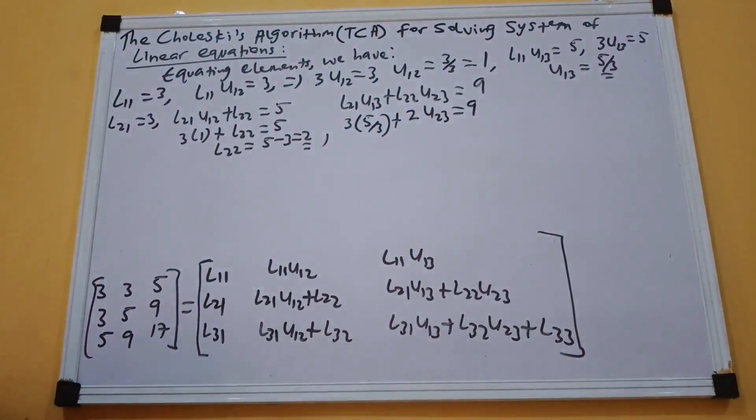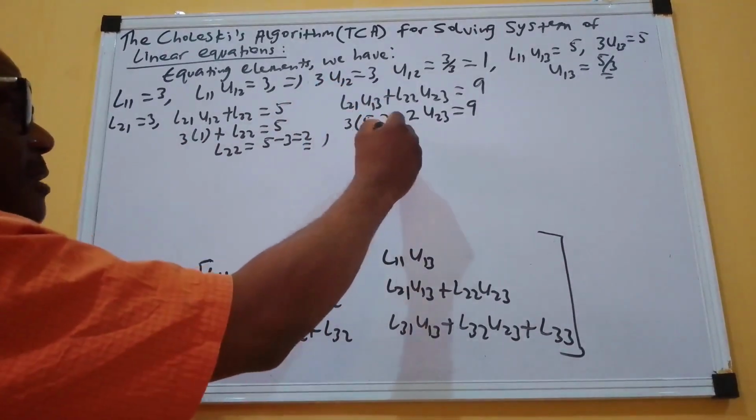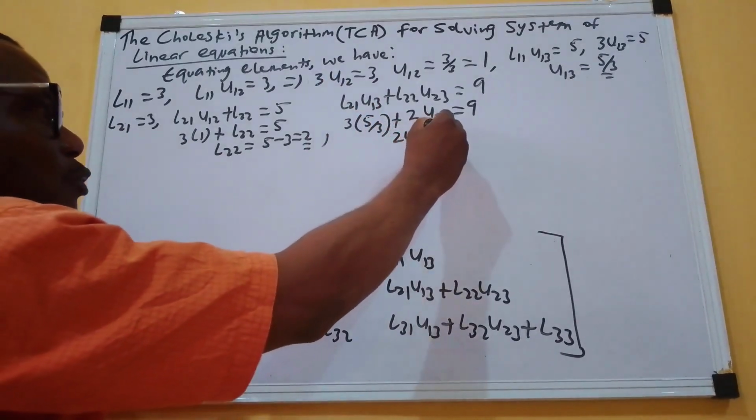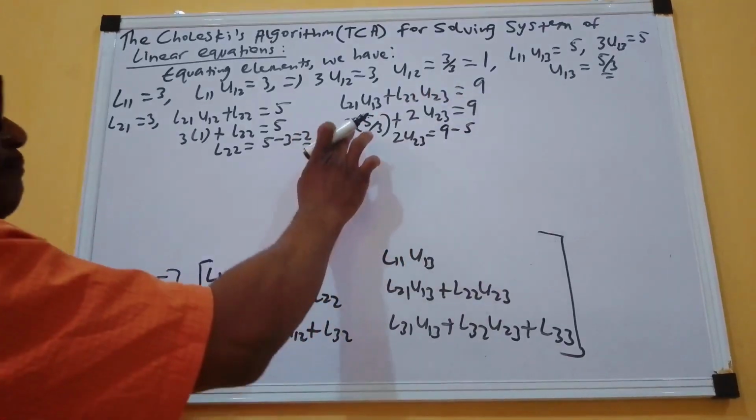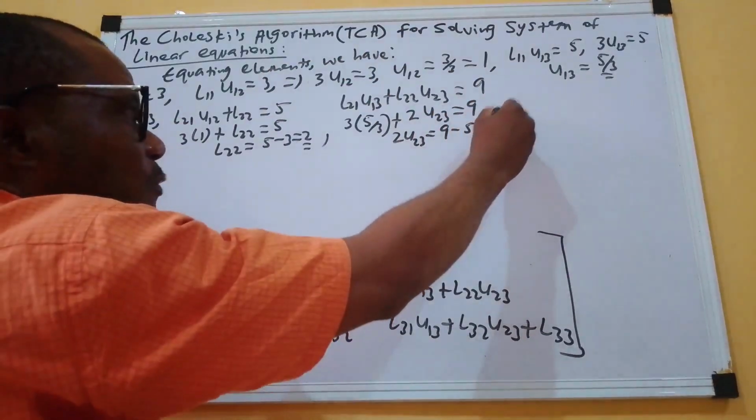Now having this, you are coming here. We cancel 3. So you are going to have 2 U23 is equal to 9 minus 5. This 5 will go to the other side, and this will be equal to 4.